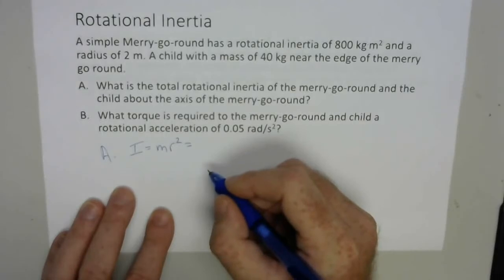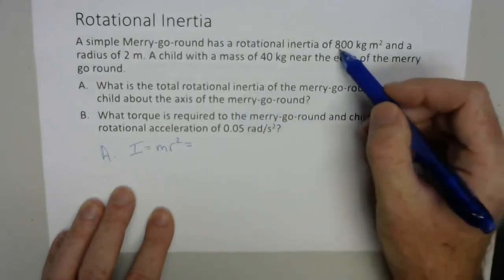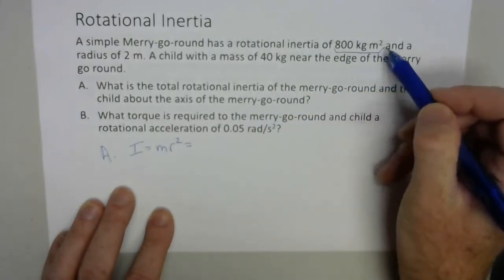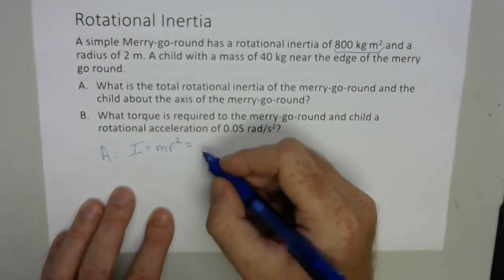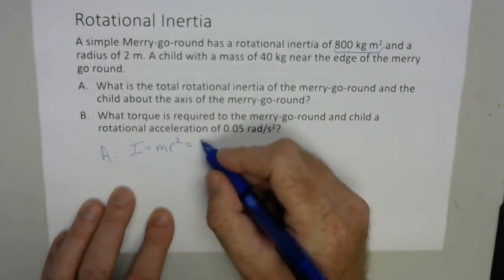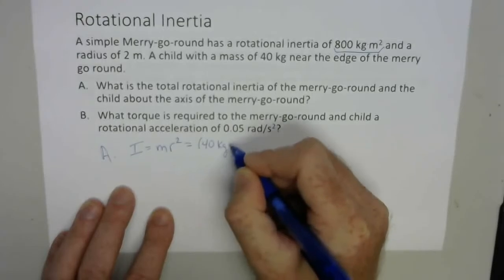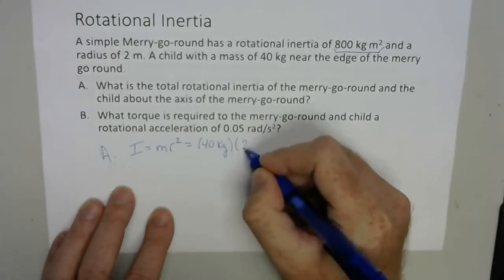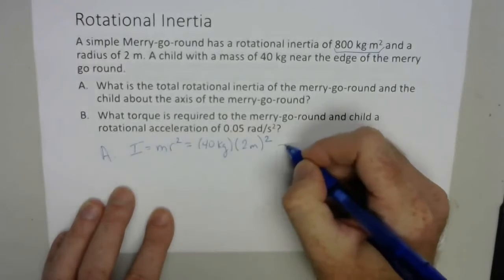And we know the rotational inertia of the child about the axis of the merry-go-round. The merry-go-round itself has this rotational inertia, but just the child is going to have a mass of 40 kilograms, 2 meter radius. We're going to square that.